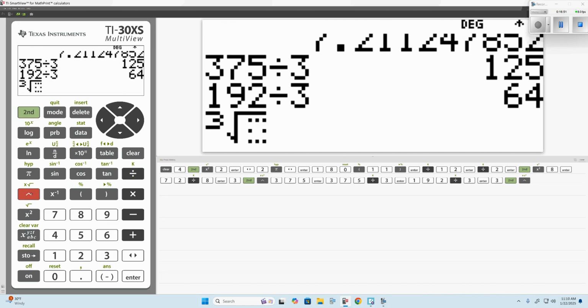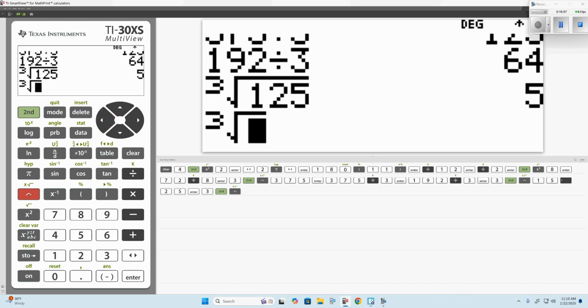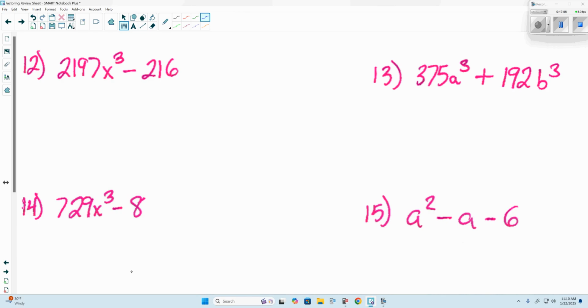So let's check those cube roots. The cube root of 125 is 5. The cube root of 64 is 4. So the square root of 64 would be 8, yes. So that tells us there's a greatest common factor of 3, so we'll pull it out first.